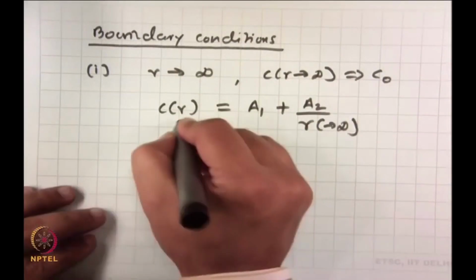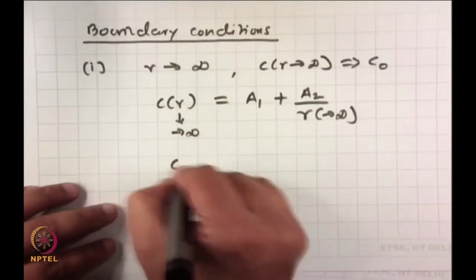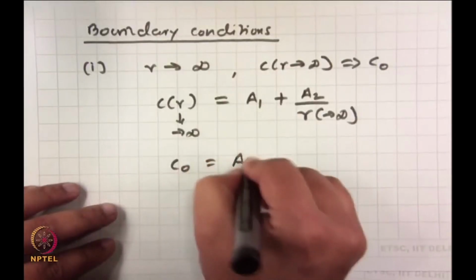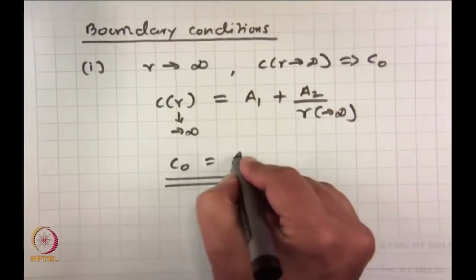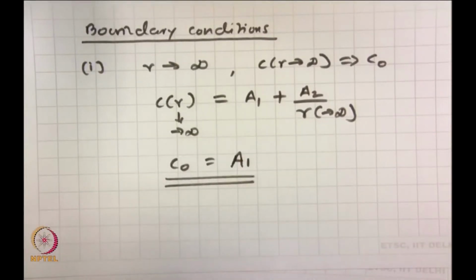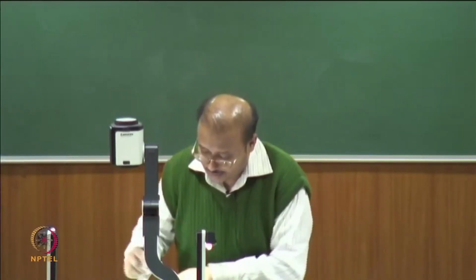So, this term is also tending to infinity. So, that means I can write C naught is equal to A1. So, you already have one constant of integration, right, good, but we need what? A2.